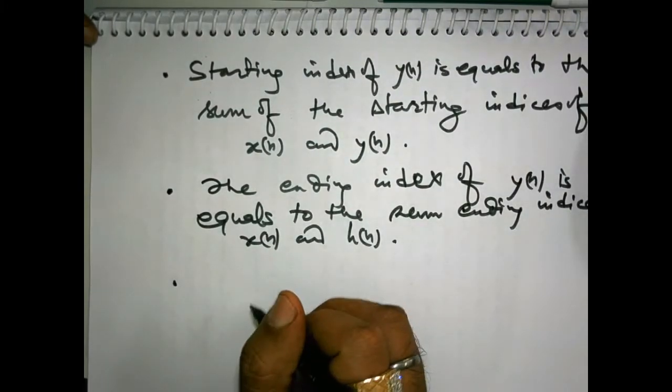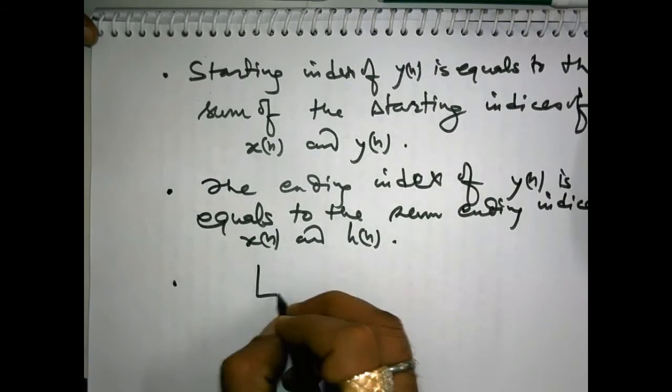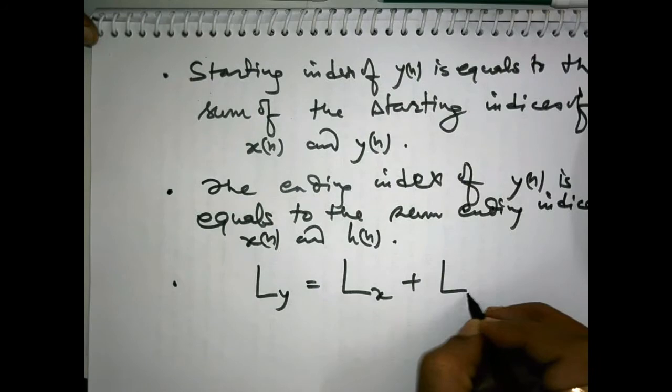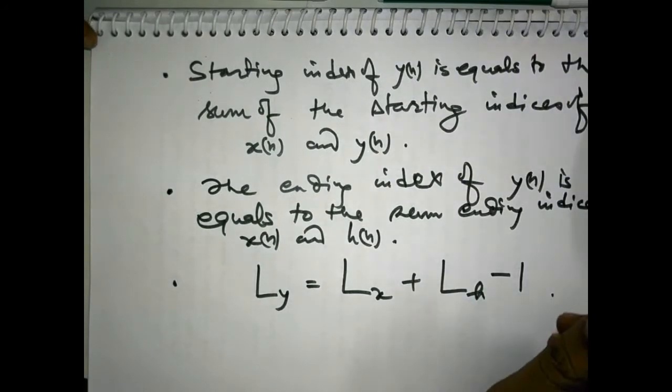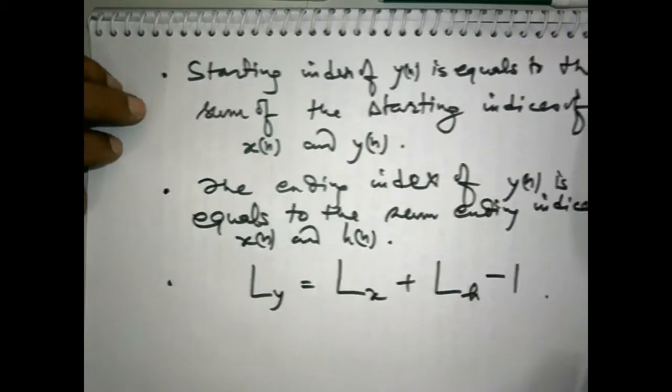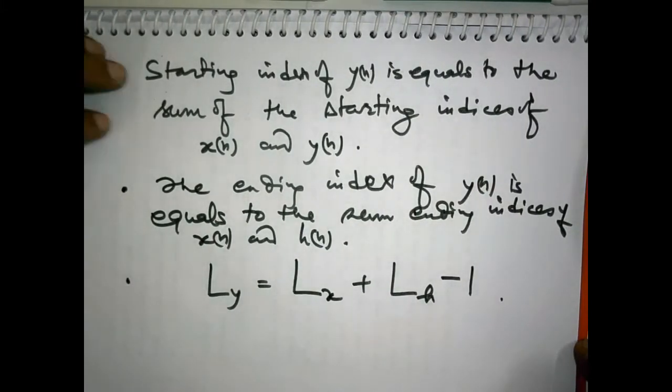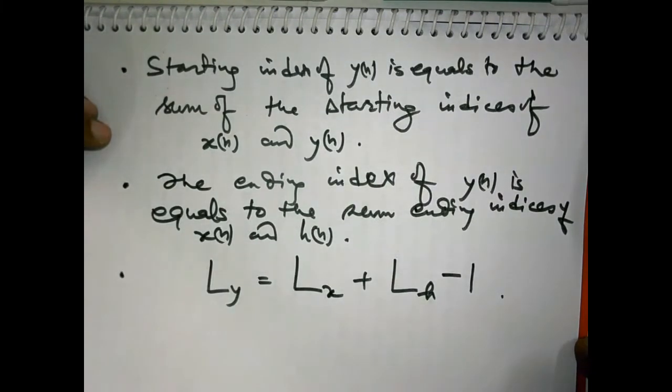And the third rule: the length ly will be equal to lx plus lh minus 1. These rules have to be kept in mind while evaluating the convolution of finite sequences with some quite easier methods. The very first method that I will describe is the sum by column method.